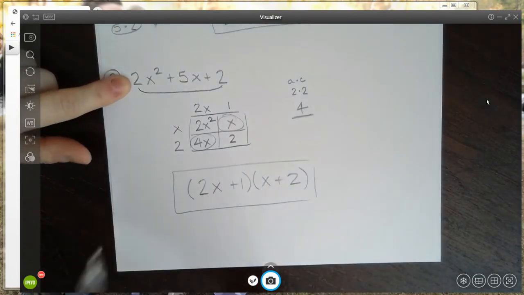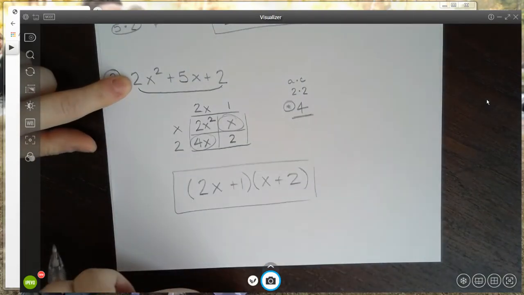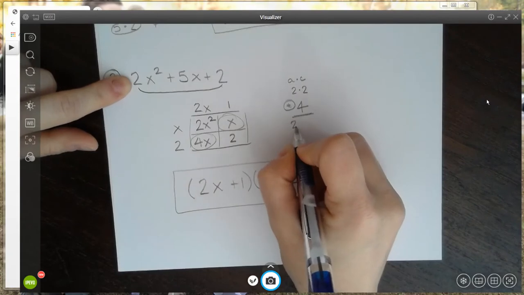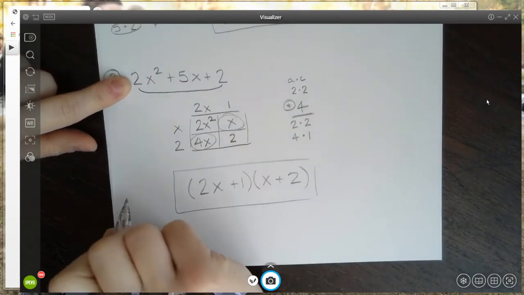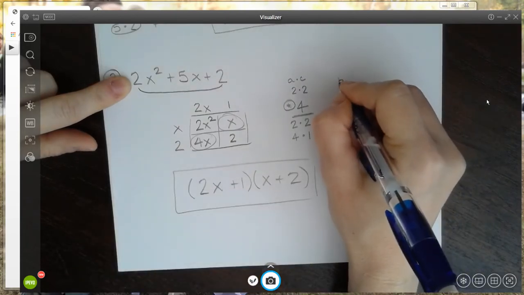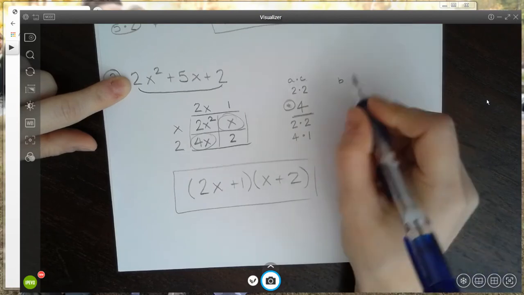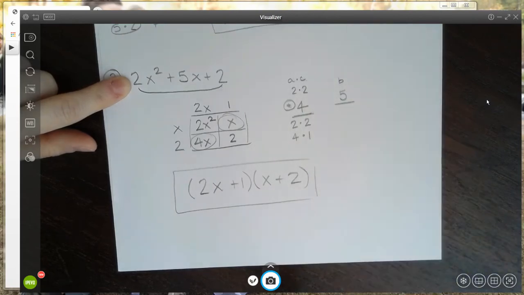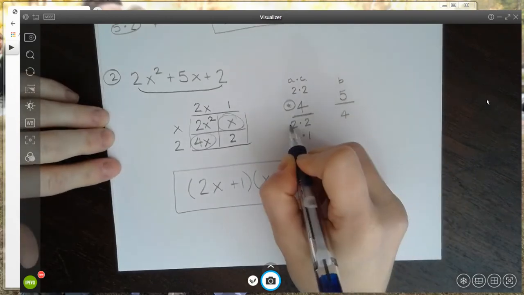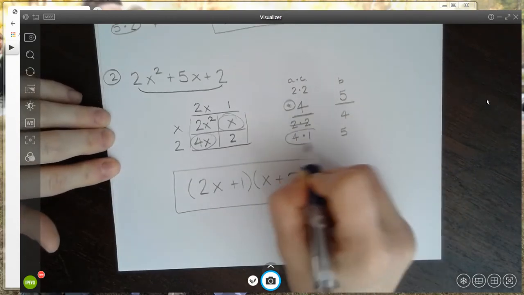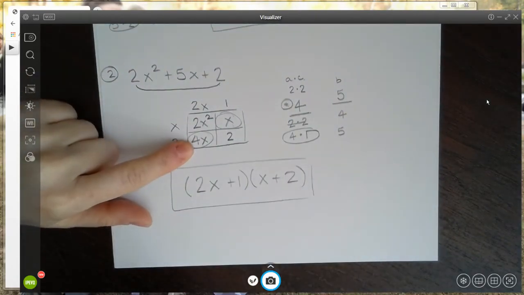And 4 is the number that I am breaking down into multiplication factors. So I could have 2 times 2 and 4 times 1. And now I'm breaking down the a times c to get this value of 5 for b. Well, 2 plus 2 would give me 4. That wouldn't work. 4 plus 1 gives me 5. That is where these two numbers came from.